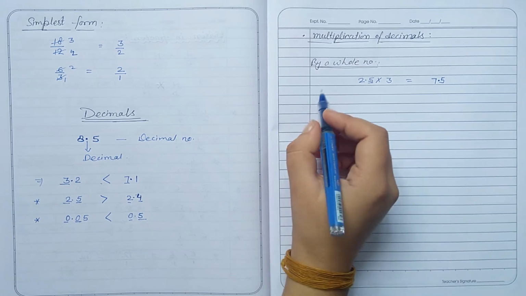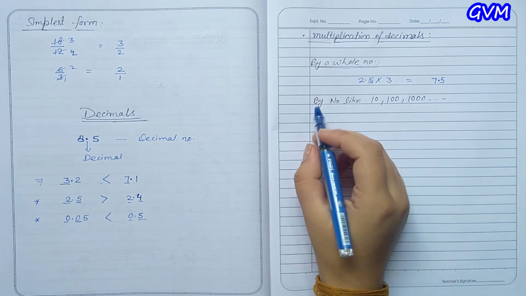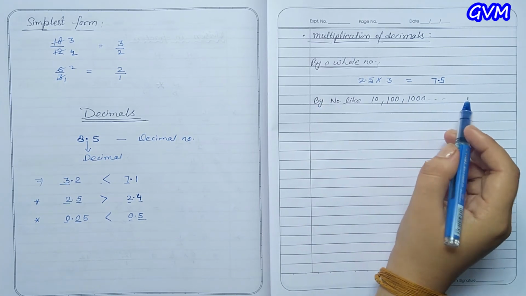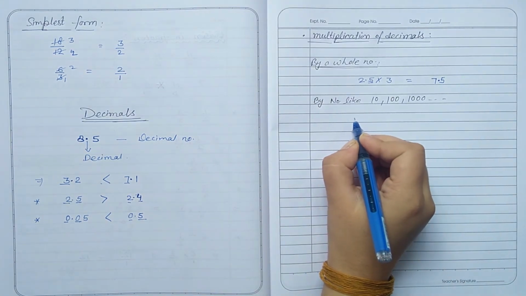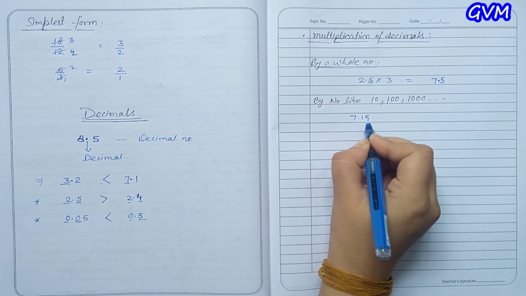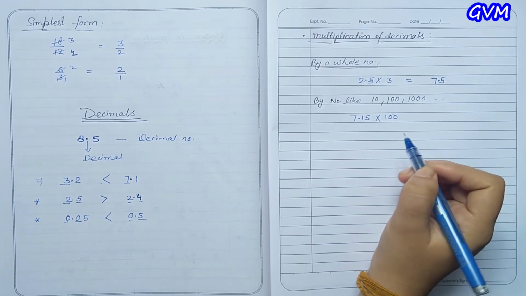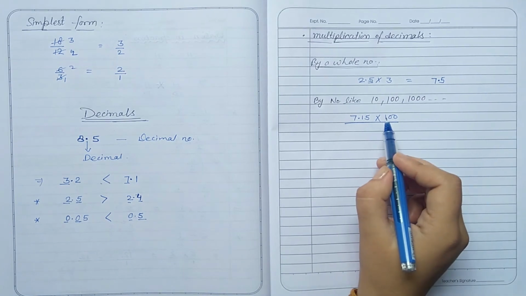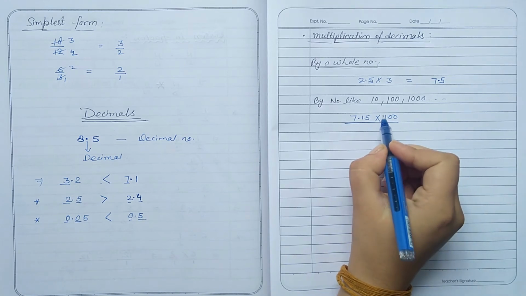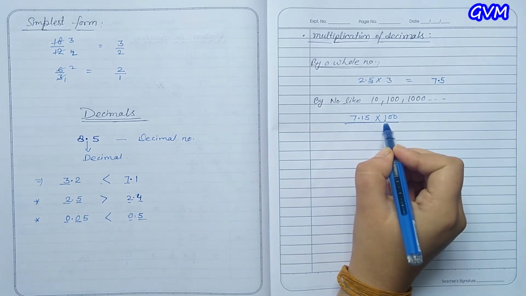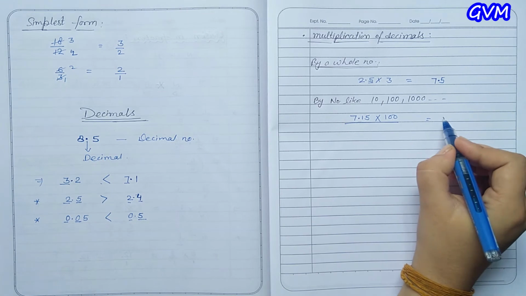Okay, similarly, अगर हम डेसिमल को 10 100 1000 जैसे नंबर से मल्टीप्लाई करते हैं तो किस तरीके से मल्टीप्लिकेशन होगा. So let's take an example of 7.15. Okay, 7.15 and I want to multiply it with 100. What will you do? Just multiply 1. आपको ज़ीरो को कुछ देर के लिए आप साइड में रख सकते हो. आपको इसका जो फर्स्ट डिजिट है दैट इज 1 को मल्टीप्लाई करना है इस नंबर से, that is 7.15 into 1 is 7.15.